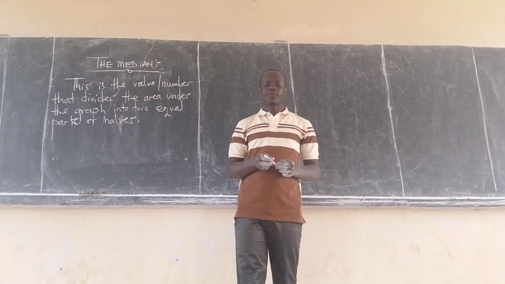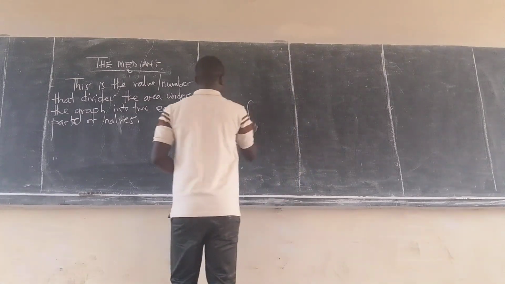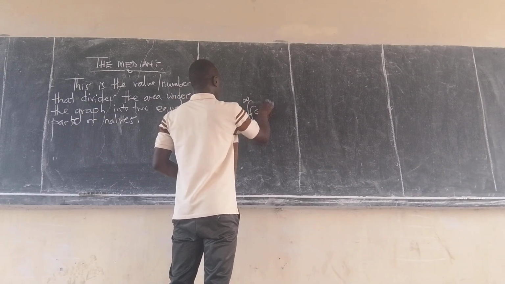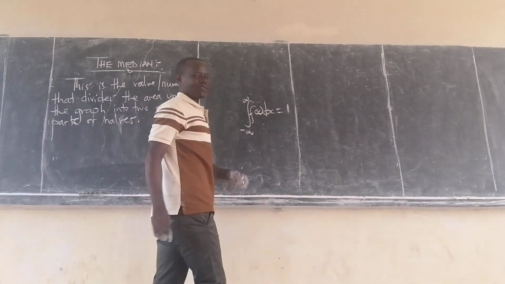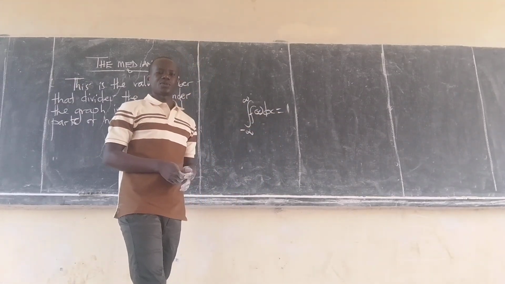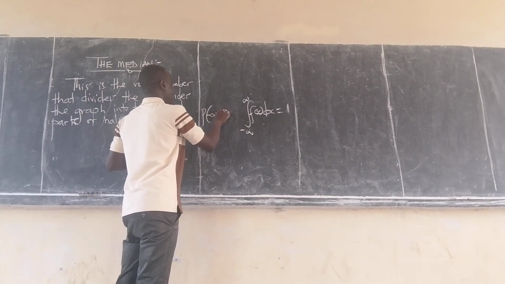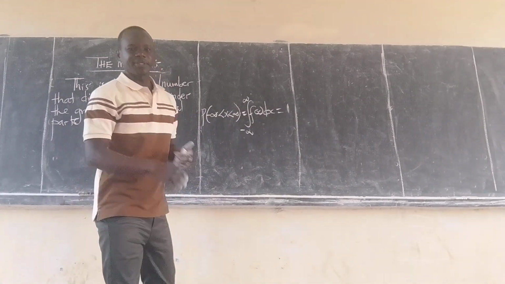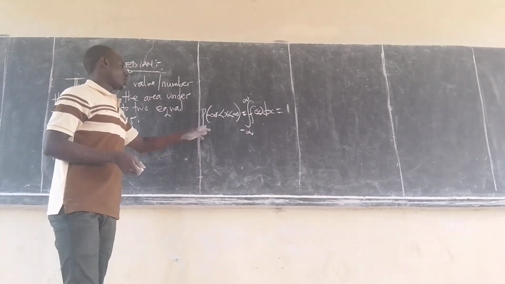And because the maximum probability must always be 1, it implies that when you integrate the PDF from negative infinity to positive infinity, the answer must always be 1.